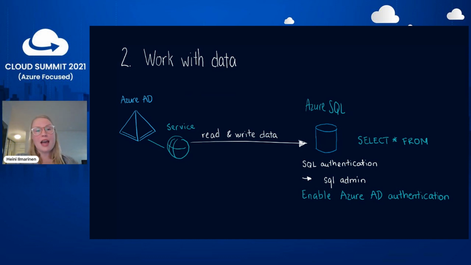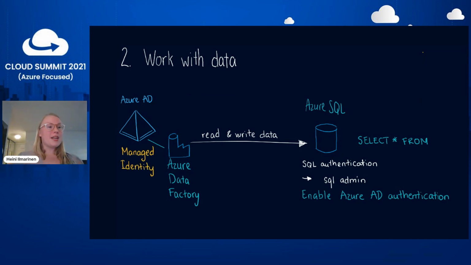But here we actually have a third scenario, which might be that one of the Azure services is calling this Azure SQL. So for example, we might be moving around some data with Azure Data Factory. And in this case, when it's actually an Azure service, we should check, does it support managed identities? Because with managed identities, we're giving an identity to an Azure service, and then the life cycle of that identity is handled for us.